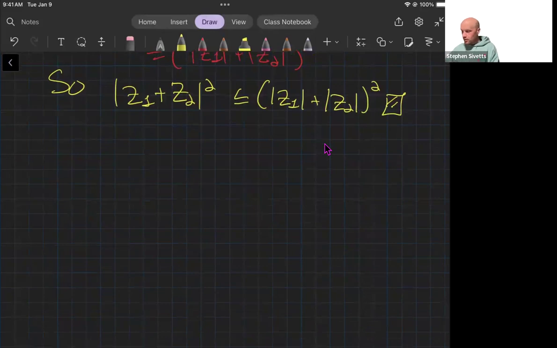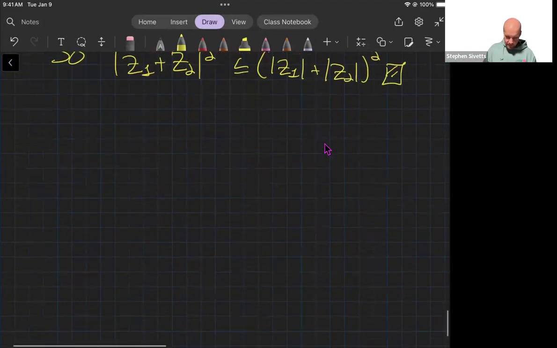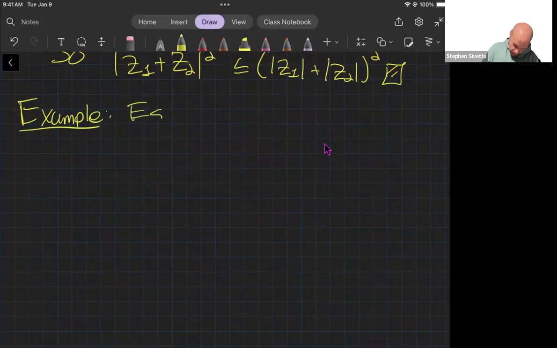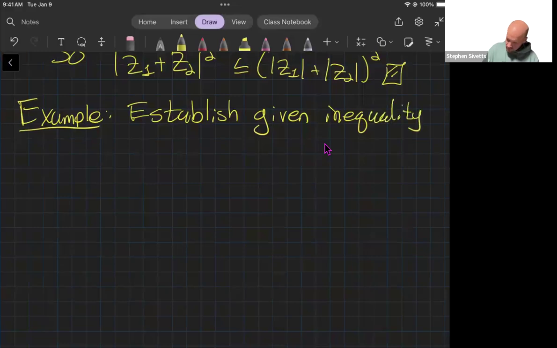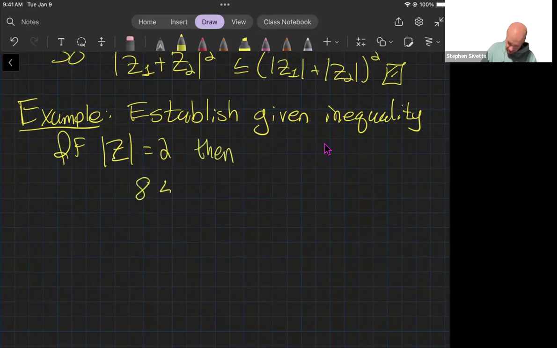So as an example, if I have this statement, if the length of Z is 2, then I want to show this statement: the length of Z plus 6 plus 8i is less than or equal to 12.